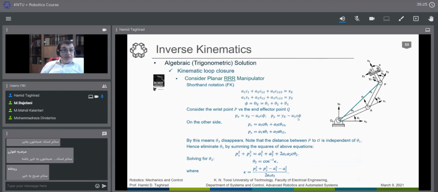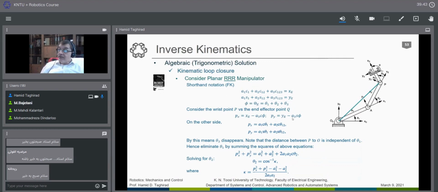For this it is very simple. Maybe for a sophisticated robot, it's not that simple. But the idea is there. We should do that to separate. What we are doing here is really separating the orientation equation from the position equation.